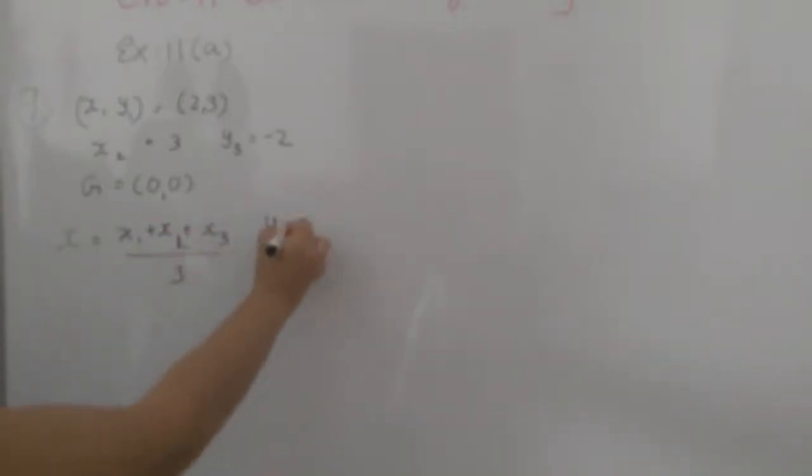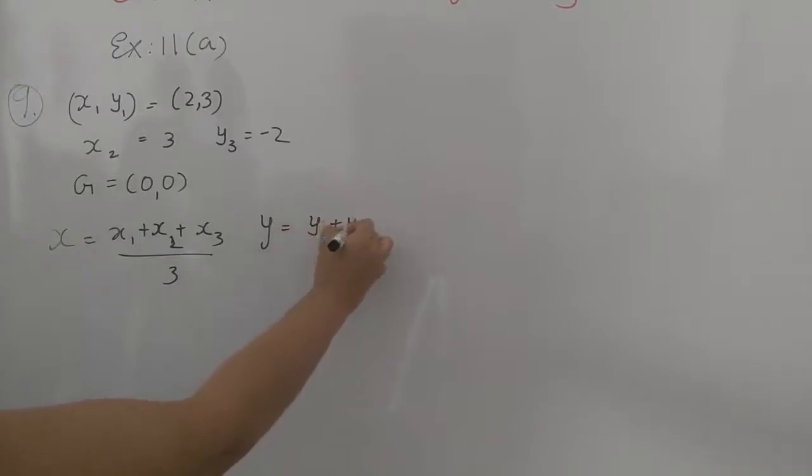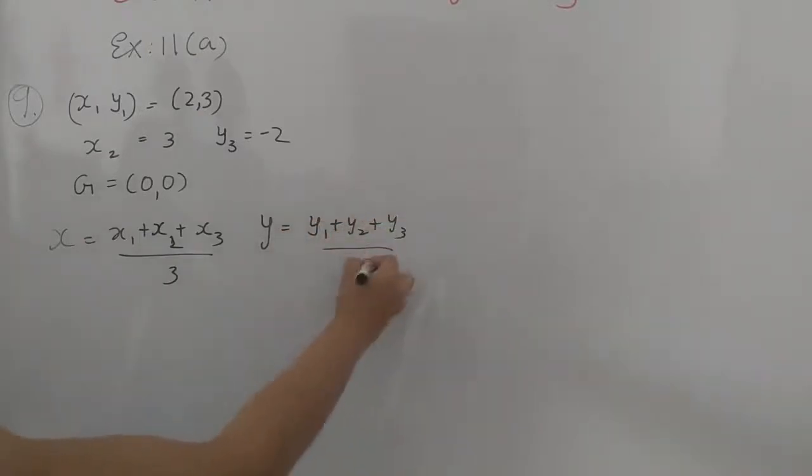And this is G. G means the centroid of a triangle. So we use the centroid formula: x is x1 plus x2 plus x3 by 3, and y is y1 plus y2 plus y3 by 3. This is very simple.